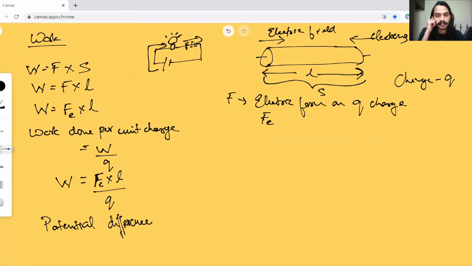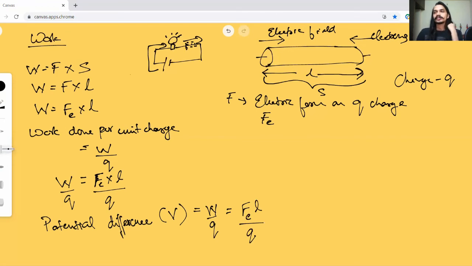Okay, the single charge part is important over there. All right, so this is potential difference, and the symbol for potential difference is V. So V equals work done per unit charge, which is F_E into L divided by Q.